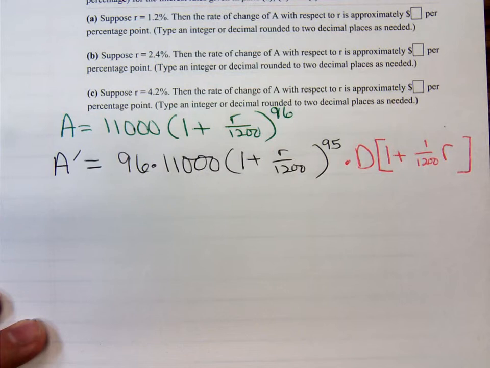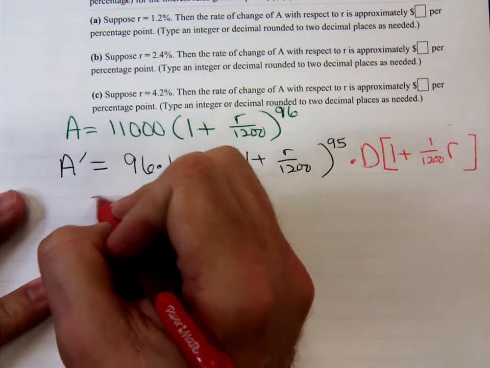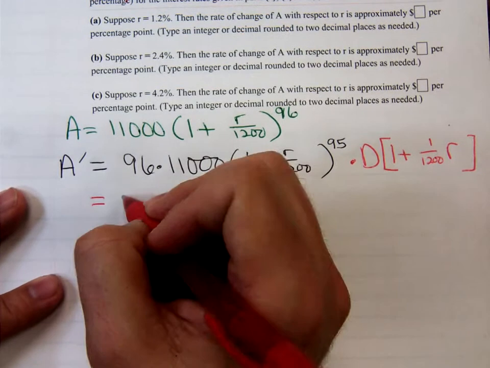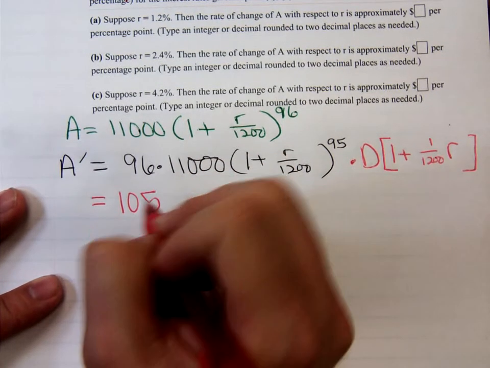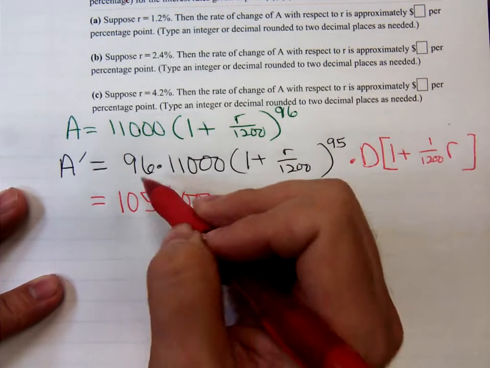Oh, 96 times 11,000. What does that turn out to be? I have a calculator. We have 96 times 11,000. I'm getting 1,056,000. Yeah, okay. So that's 1,056 and 3 zeros multiplying.